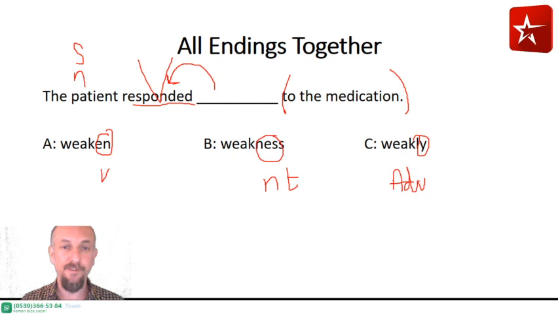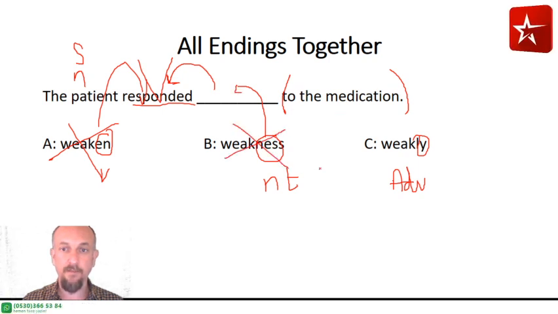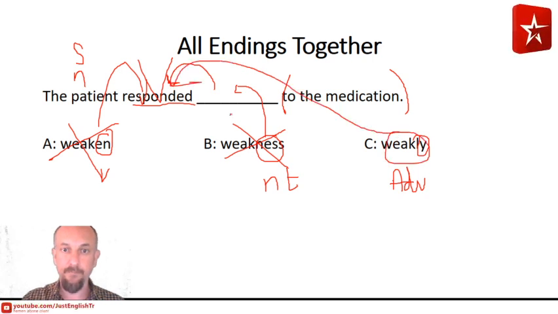So actually, we don't use adjectives to talk about verbs. We don't use verbs to talk about verbs. We already have a verb, to weaken. Responded is our verb anyway. Then we have weakness. Well, ness is a noun. So we've got verb and noun, but then we have this prepositional phrase. That doesn't work. What we need, the best one here, would actually be weakly to the medication.